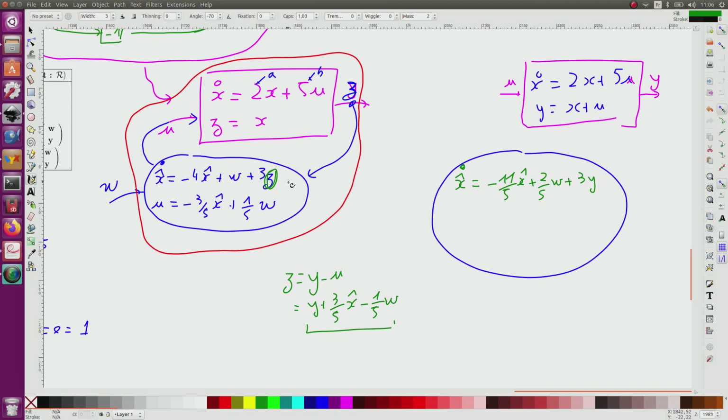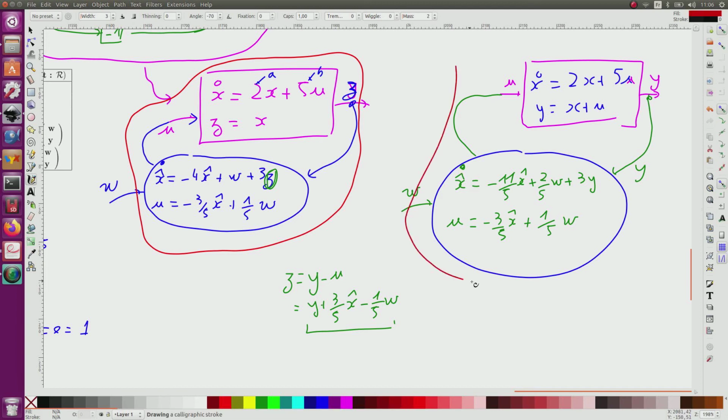There is no more dependency with respect to z, and u equal to, it will be the same because there is no z, x hat plus 1 divided by 5 y. So this controller will generate u, will take as an input y, and the other output is w. So with this controller, the whole system is stable, and the roots or the pole of this closed loop system will be equal to minus 1.